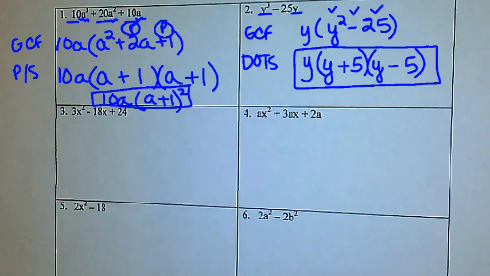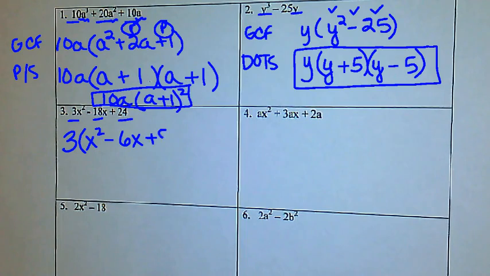All right, next one. See if I can have a GCF. 3, 18, 24 are all divisible by 3. So I'm left with x squared minus 6x plus 8. So again, I use the GCF, and then I'm going to use product sum.